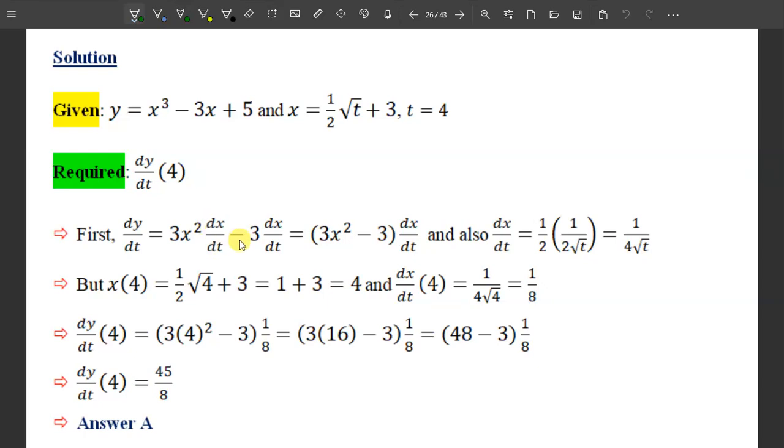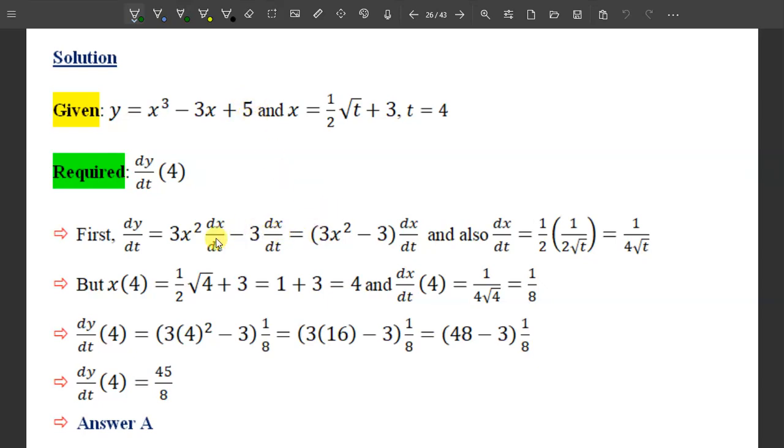Then minus, again differentiate 3x, which becomes 3 multiplied by dx/dt. And the derivative of the constant 5 with respect to t is 0.